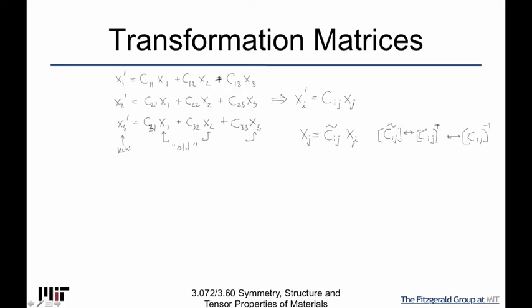And that's because it turns out, and we're not going to prove it here, that if I have Cij, which goes from the old to the new, then Cji goes from the new to the old.